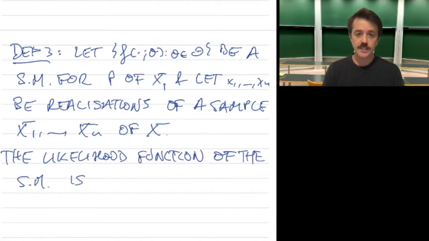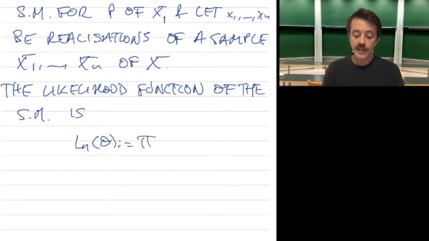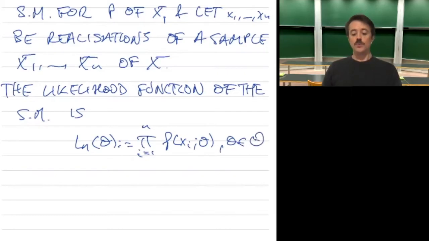It is defined as follows. We have Ln, so we generally call it capital Ln, and by independence and by the identical distributions, which is the same calculation that we did at the end of the last lecture, this is the joint distribution of the sample.